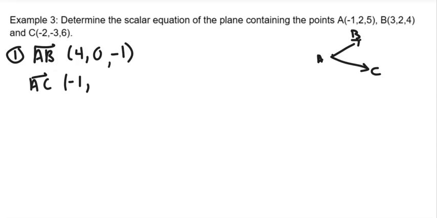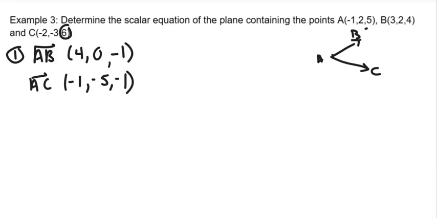From -3 to 2, that is -5. From 6 to 5, that is -1. Okay, here are my two direction vectors. I'm going to check to see if any of them can be made into unit vectors, and they cannot, so that's done.